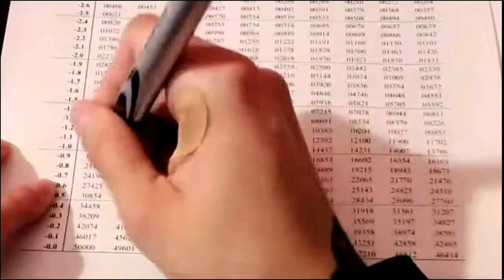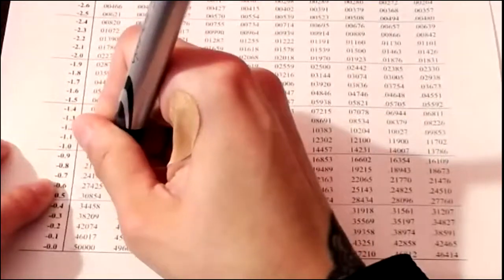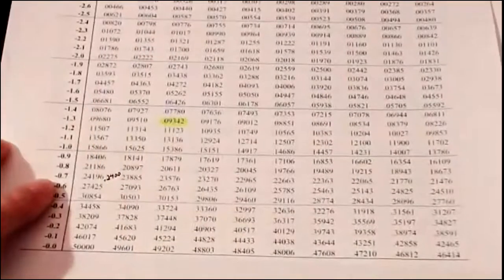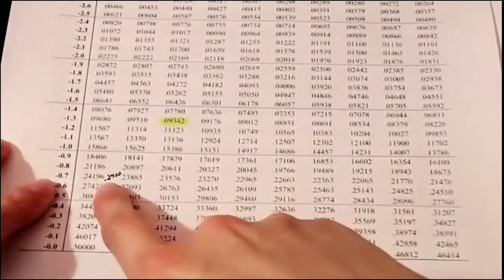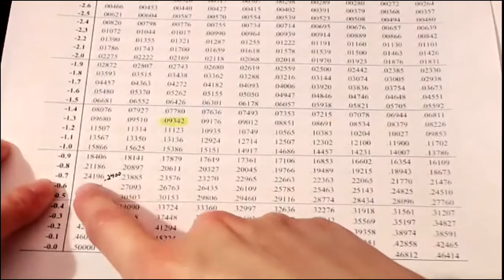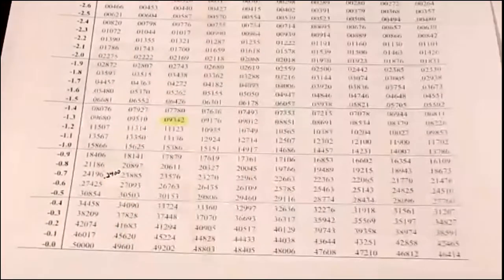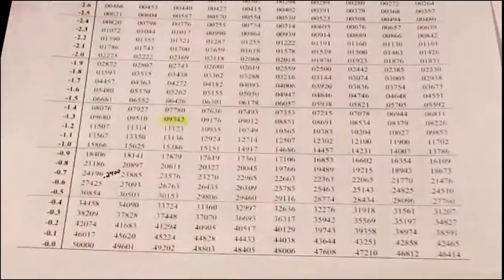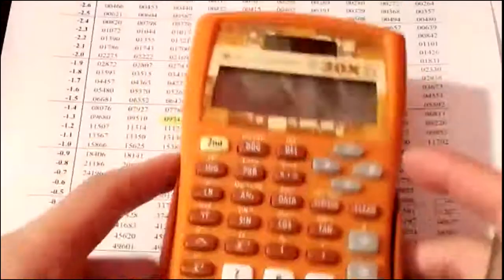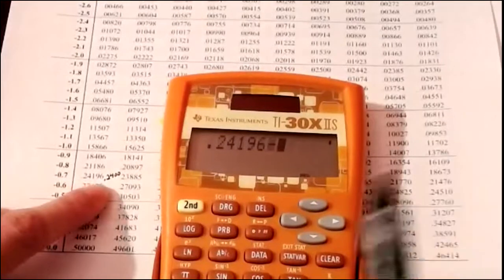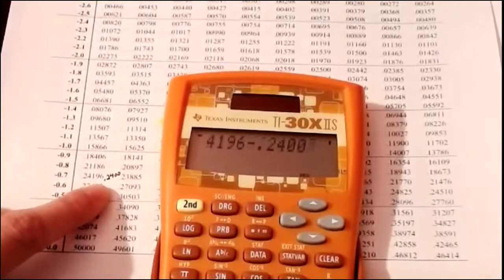Notice 0.2400 is somewhere between these two values. If it helps, I'm just going to write that in here, 0.2400. Now we have to decide, is 0.2400 closer to 0.24196 or to 0.23885? How can I figure that out? Subtract. Yeah, let's do it. Let's take the 0.24196 and subtract the 0.2400.